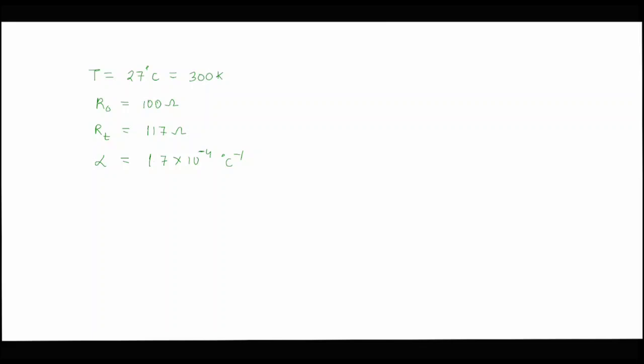So if we consider the equation that resistance at a temperature T above the reference temperature is equal to R naught into 1 plus alpha delta T, we can solve the problem for delta T. If we put the values, we can calculate the temperature difference, that is T1 minus 27 or 300 Kelvin, is equal to 117 minus 100, that is RT minus R naught, upon the original resistance 100 into alpha, which is 1.7 into 10 to the power minus 4.